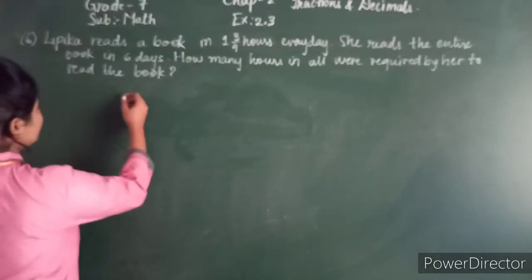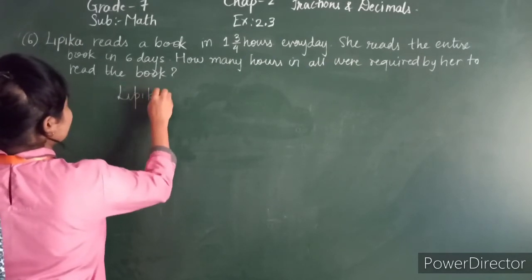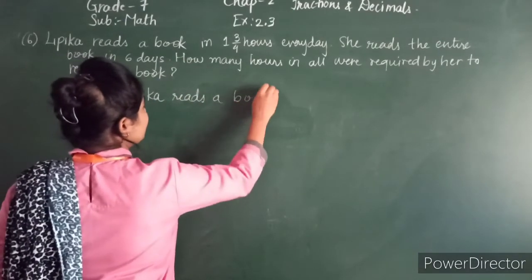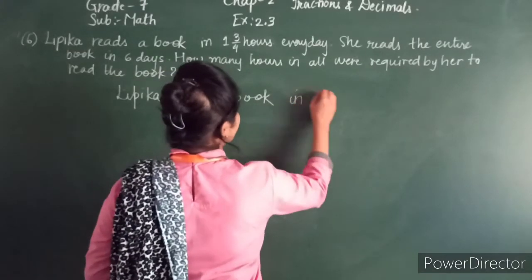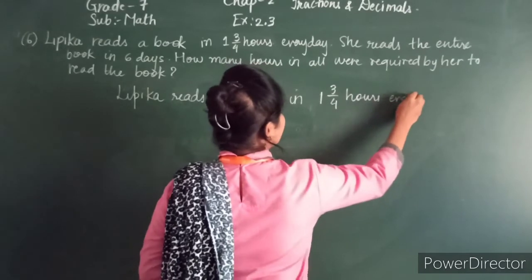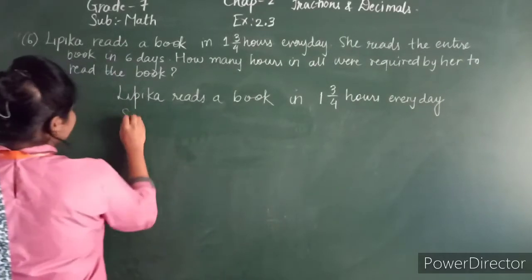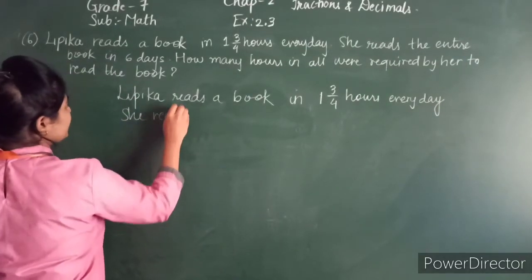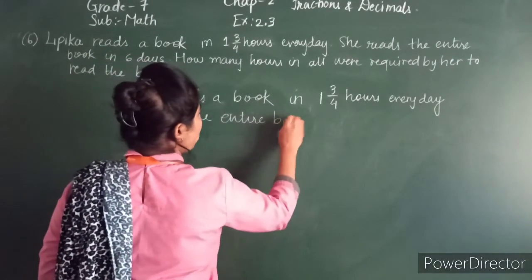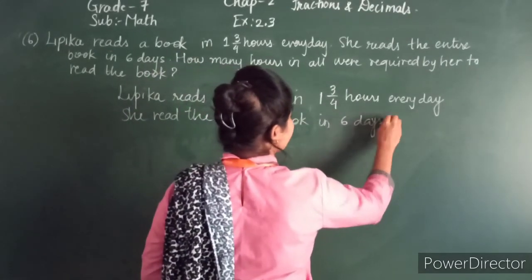So first we have to write: Lipika reads a book in 3 by 4 hours every day. She read the entire book in 6 days.